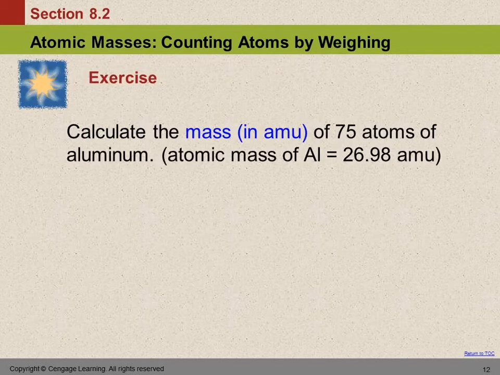So here's an exercise. Calculate the mass in atomic mass units of 75 atoms of aluminum. The atomic mass of aluminum is 26.98 atomic mass units. They're giving it to us in this problem, but it's also on the periodic table.